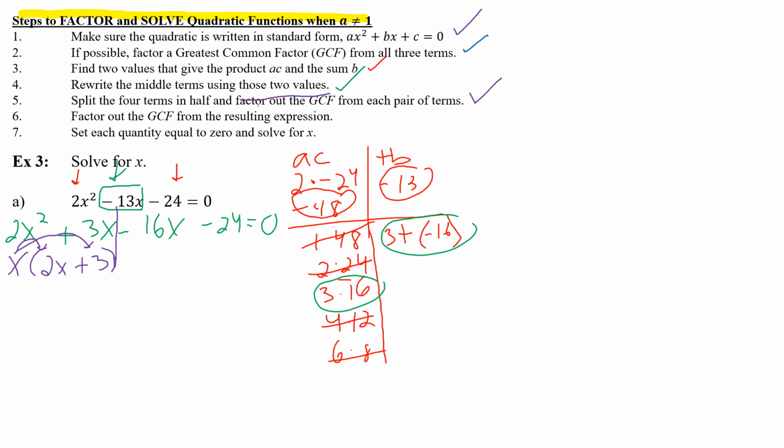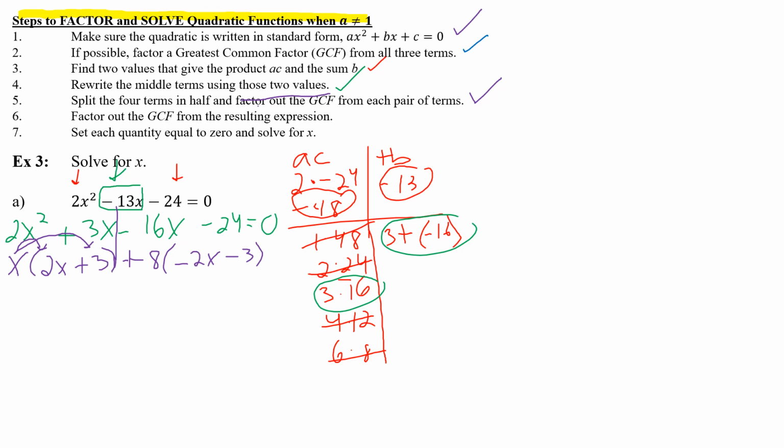So let's say I decide to take out a positive 8. You take negative 16x divided by positive 8, you get a negative 2x. If you take negative 24 divided by the positive 8 that you factored out, you get a minus 3. Now, that's okay, but our goal is to get whatever's in both parentheses to be exactly the same.